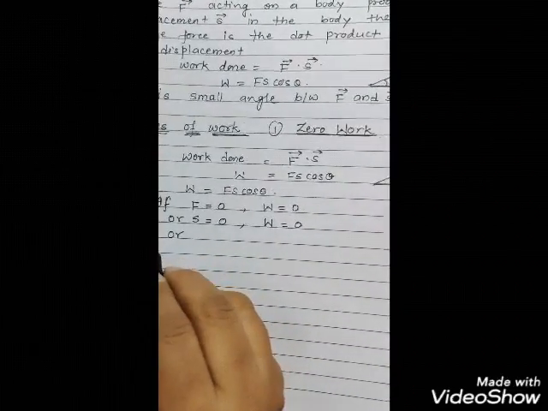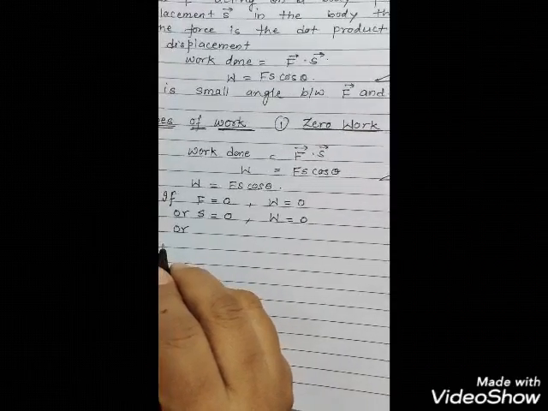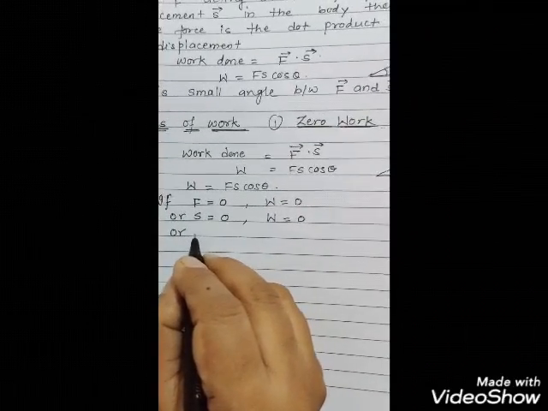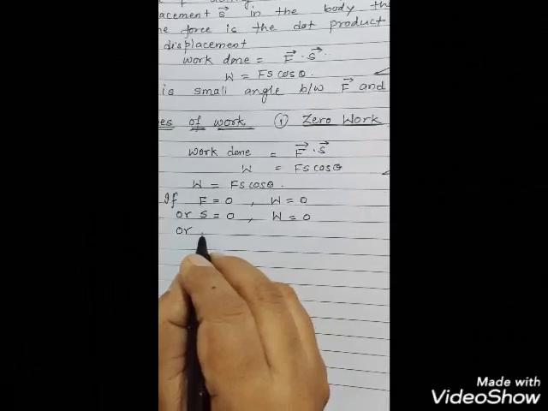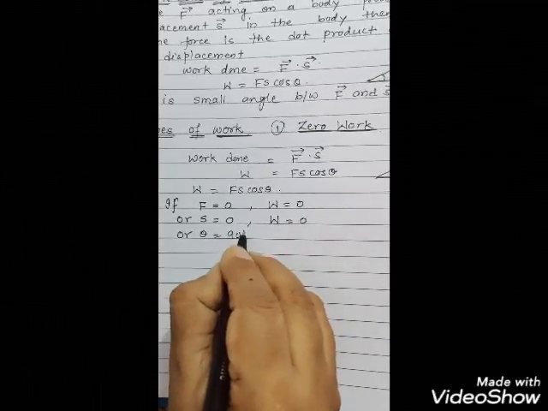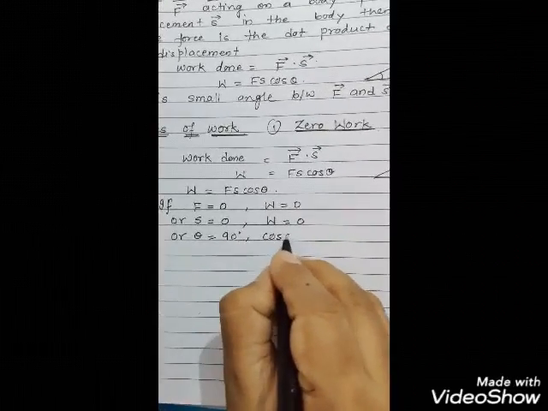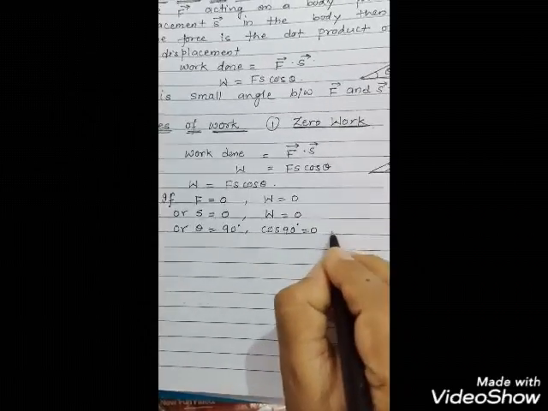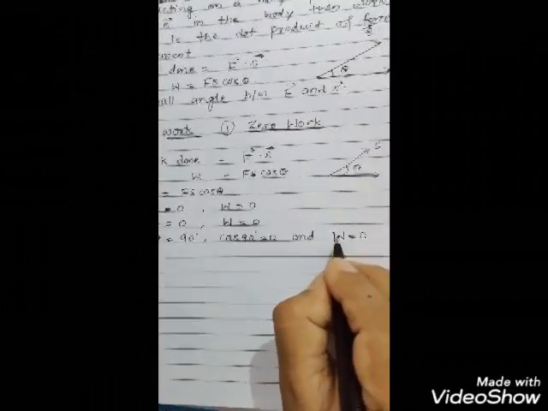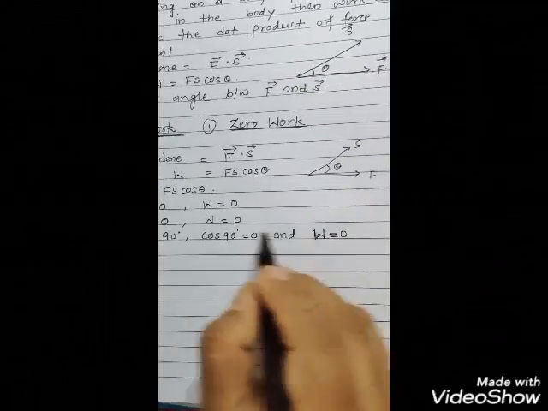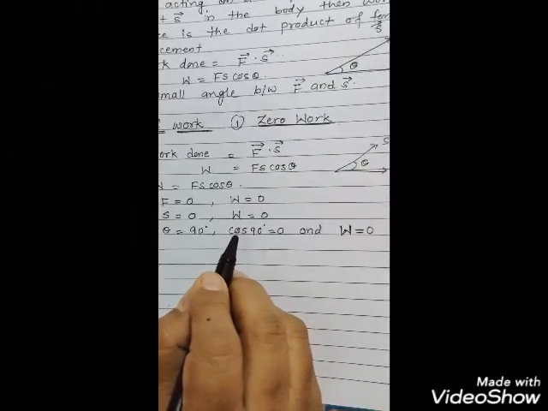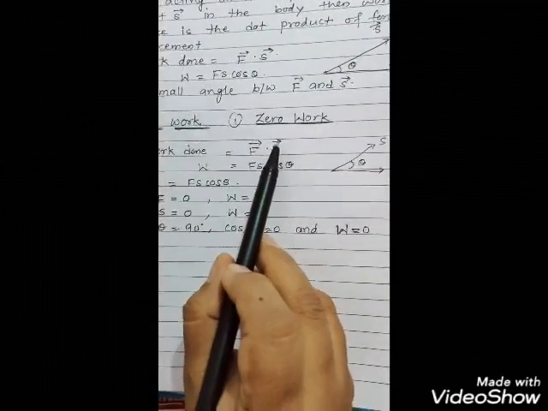Or the force is applied and the displacement takes place, but in the direction perpendicular to the applied force. In such a situation theta is 90 degrees and cos 90 degrees is 0, so the work done is 0. These are the three conditions in which the work is said to be zero work.